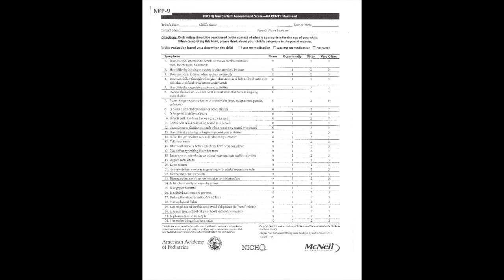So in ADHD, there are probably three primary things that we're looking for: inattentiveness, hyperactivity, and impulsivity. Those three things make up the core of what we're looking for with ADHD symptoms. As you can see, I'm only showing you the first page here, but this gives you a general overview of what things we'll be asking for and what you'll fill out when you get to our office.